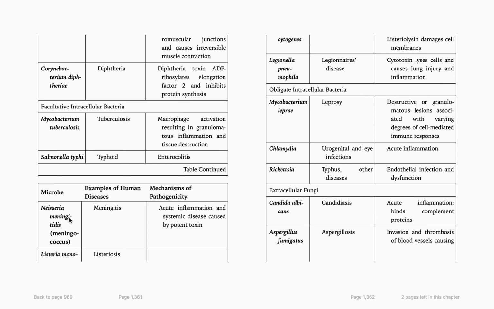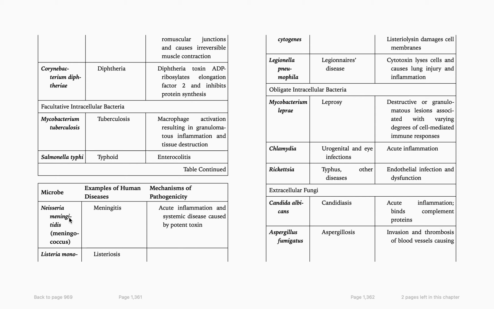We have facultative intracellular bacteria, for example, Mycobacterium tuberculosis. This causes tuberculosis, and the main mechanism is macrophage activation resulting in granulomatous inflammation and tissue destruction. Salmonella typhi causes enterocolitis, and so on. Other microbes are Neisseria meningitidis, which causes meningitis; the mechanism is acute inflammation or systemic disease caused by potent toxin.